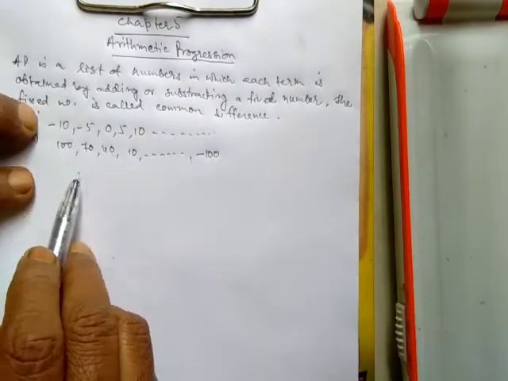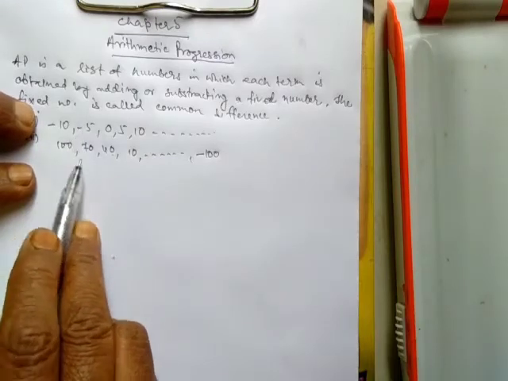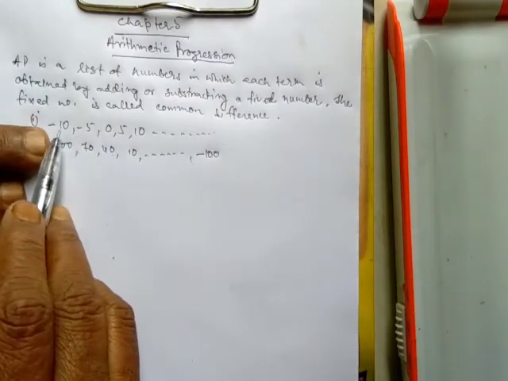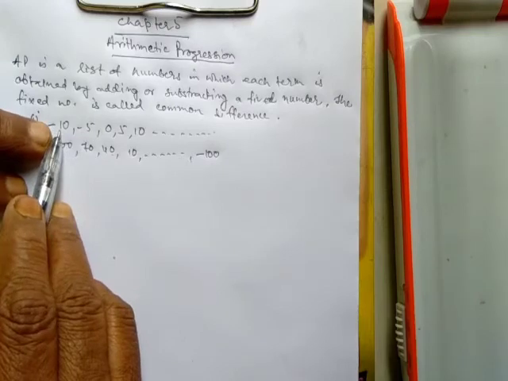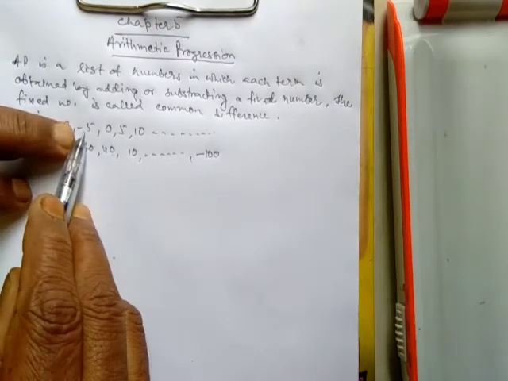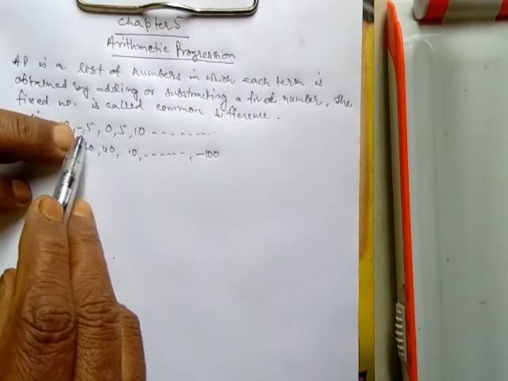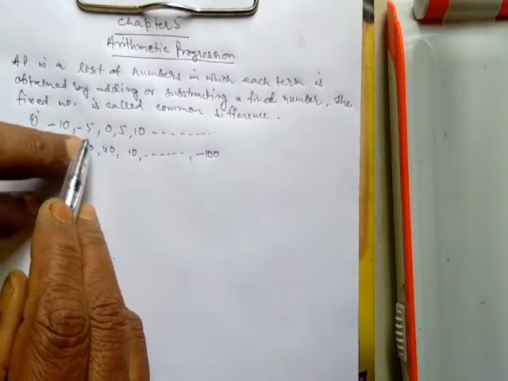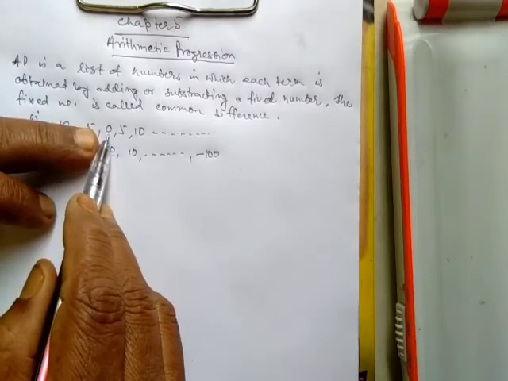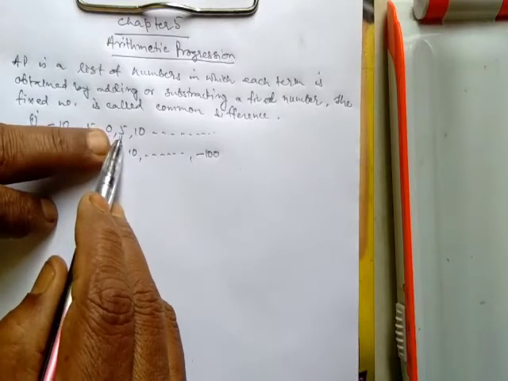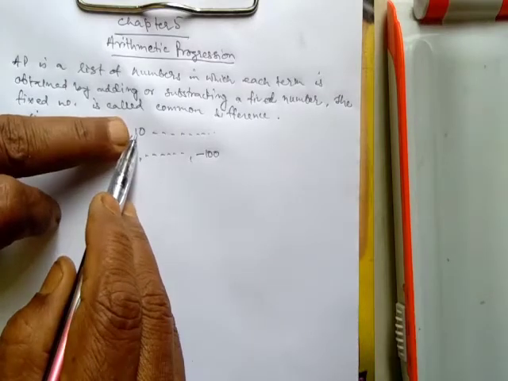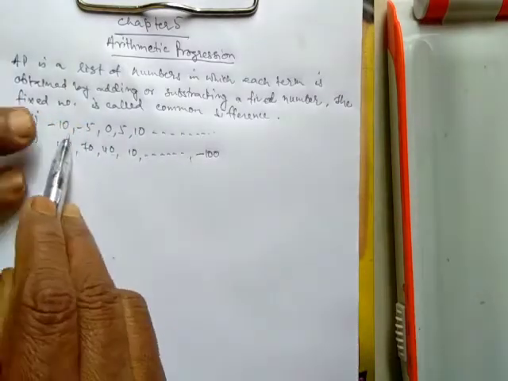These two are in AP because a fixed term is added here. If you add plus 5 here, you will get the second term. To the second term, if you add the common difference 5, you will get 0. If you add 5 here, you will get 5. If you add 5 here, you will get the next term.